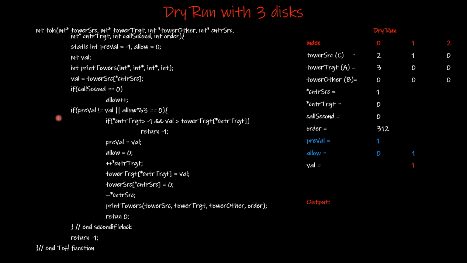If condition is false, we come to here, okay, and then we execute the return -1 statement and we transfer control back to the while loop in the main function.